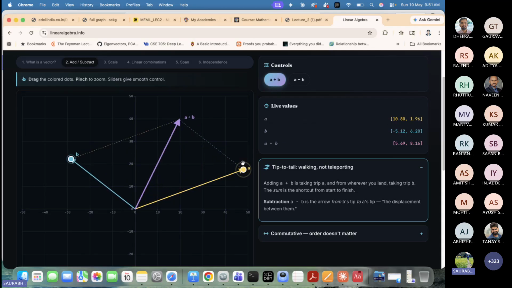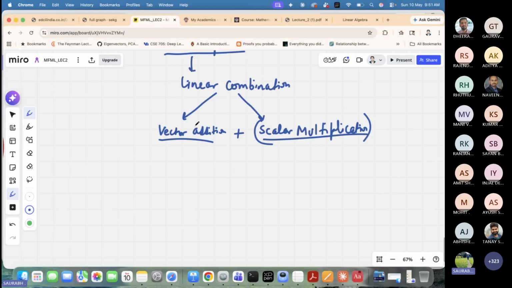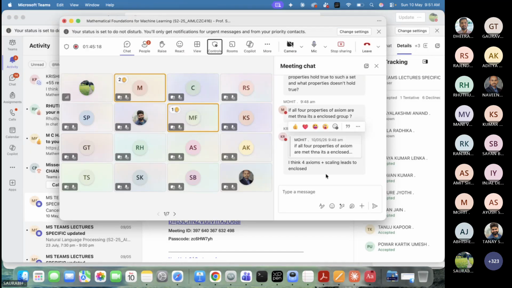These new sets of points that you are able to cover are called linear combinations of vectors A and B. So linear combinations are nothing but a set of new points that you are able to cover when you scale vectors and add them together. Good?